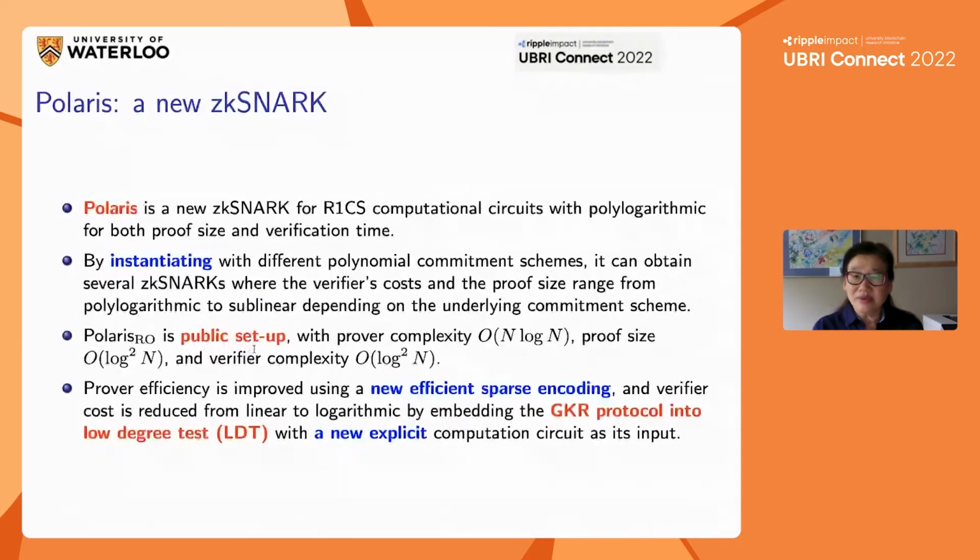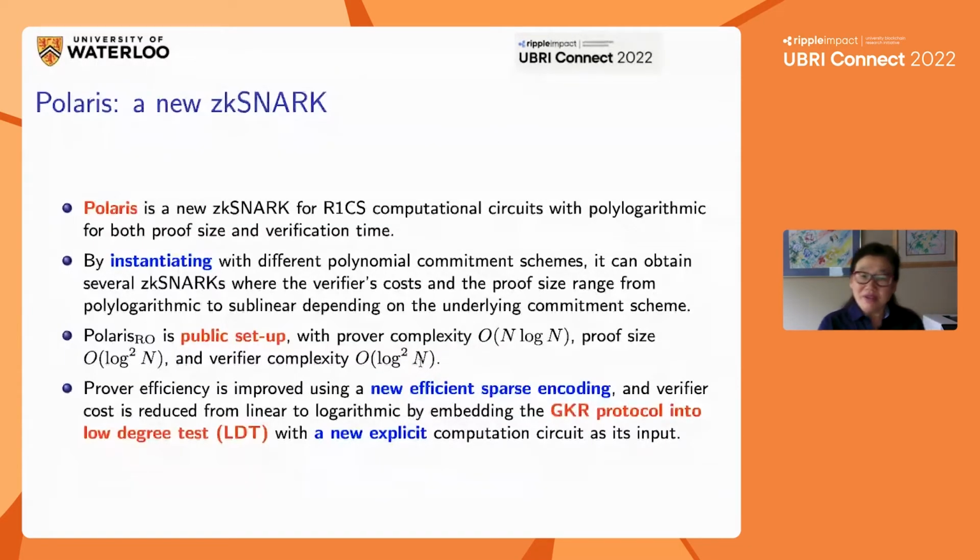In this case, we have the prover's complexity the same as others, but we can make this concrete, like here, the coefficient. What's this coefficient? We can explicitly get this one. Also, the proof size is bounded by the square of log n, and the verifier complexity is also the same. So those are logarithmic complexity.